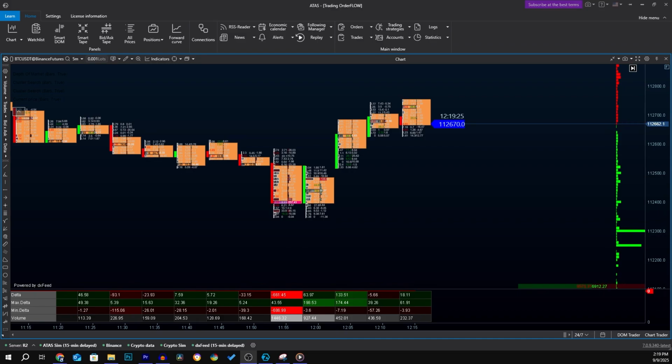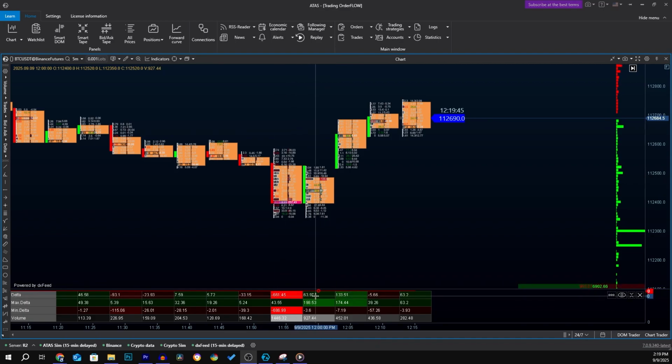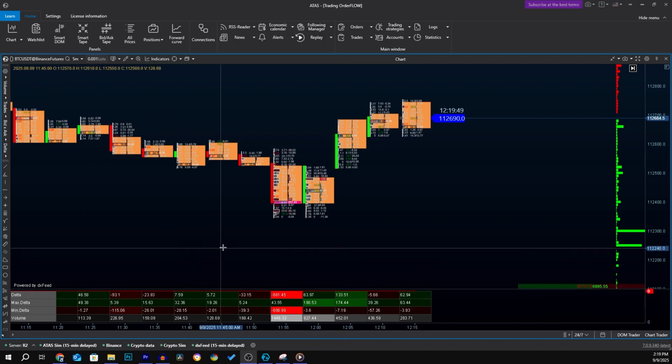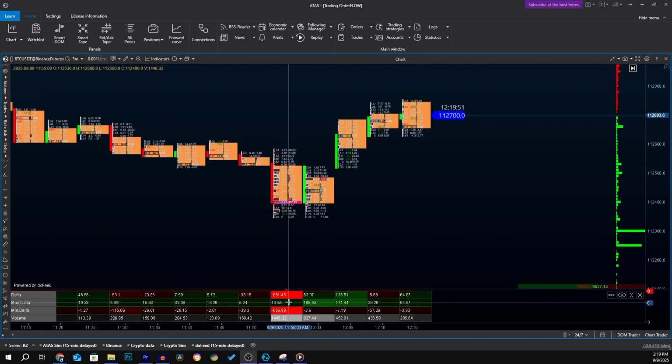So if we use a 5 minute candle, total delta there will show you whether the buyers or sellers were more aggressive during those 5 minutes. And that's the main difference between delta profile and delta per candle. Delta profile shows you the aggressivity on the specific level, and delta per candle shows you the aggressivity for a specific time period. That's why it's on the lower side of the chart, because it measures the specific candle.